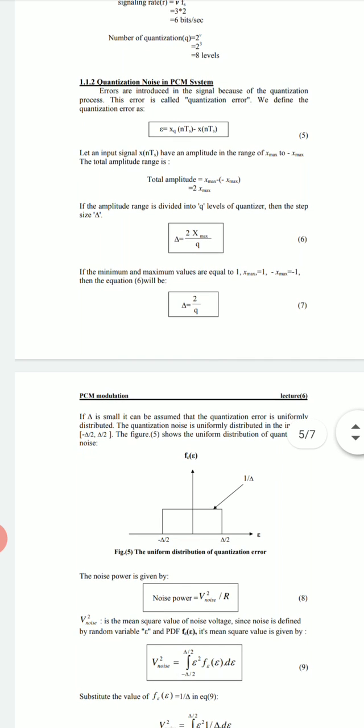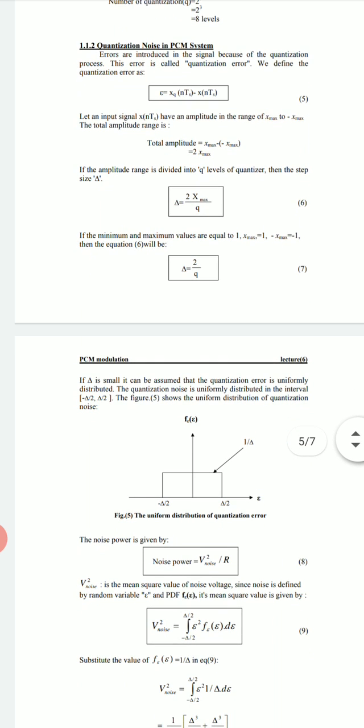Now we are talking about the signal to noise ratio. The signal to quantization noise ratio we can define as the ratio of signal power upon noise power. Noise power we have already got: v noise square upon r. Now we are supposed to find the signal power.